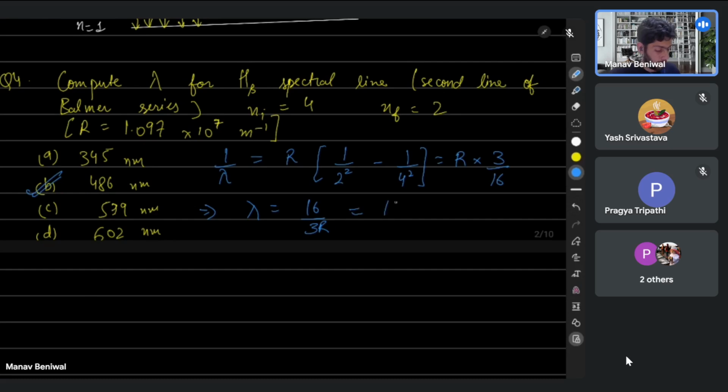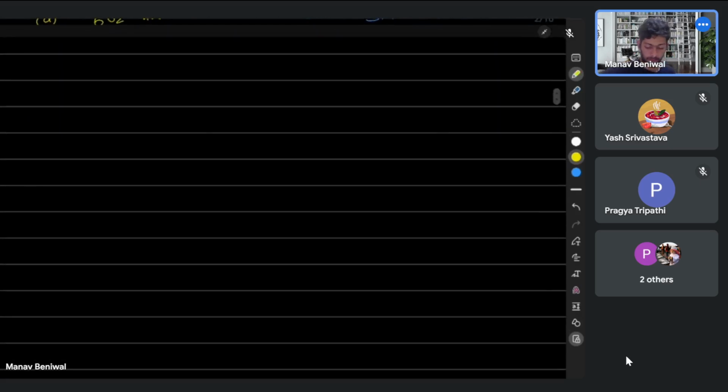And if you put in the values, you will get 486 nanometers. Okay. Any doubt in this one? No? Okay. If not, let's move on to the next one.